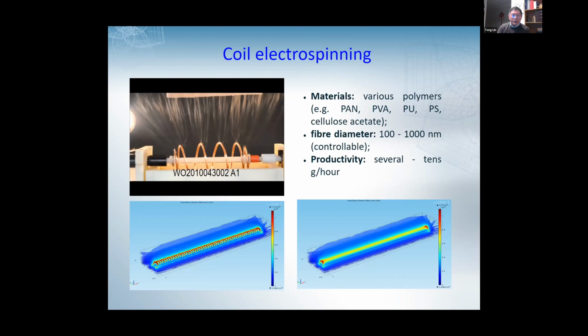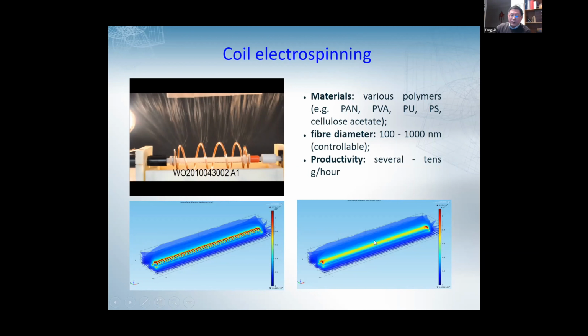If you look at the electric field intensity, you can see the high voltage area is always on the coil surface. No matter how long the coil is, it's always distributed evenly on the coil. However, if you use a cylinder of the same dimension, you can see only the two end areas have the high voltage.